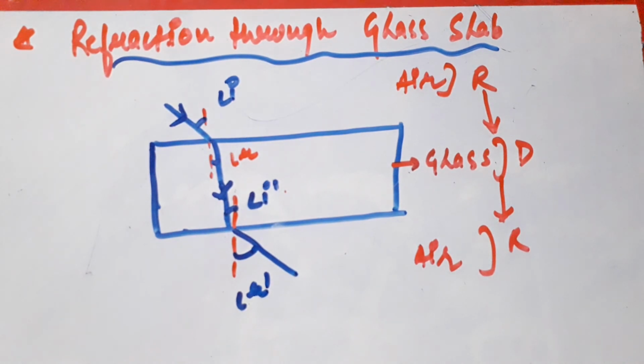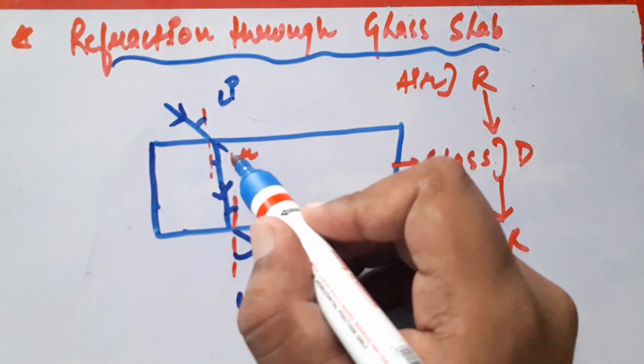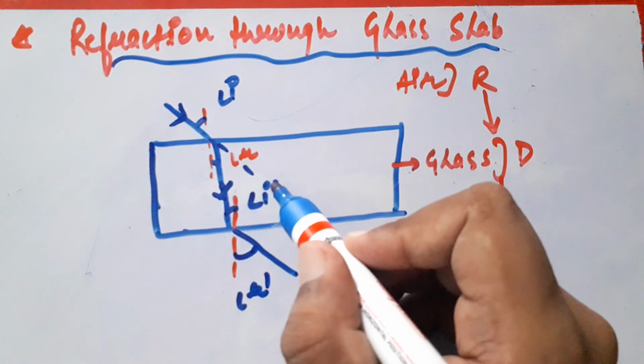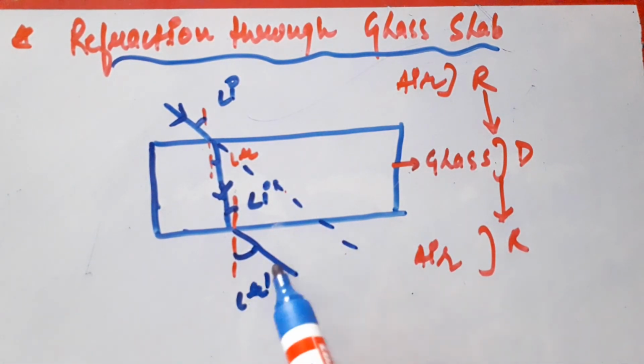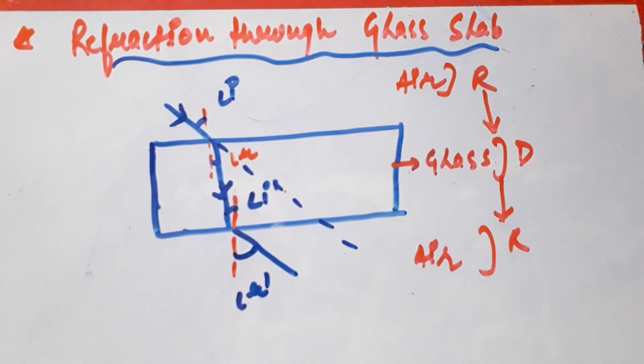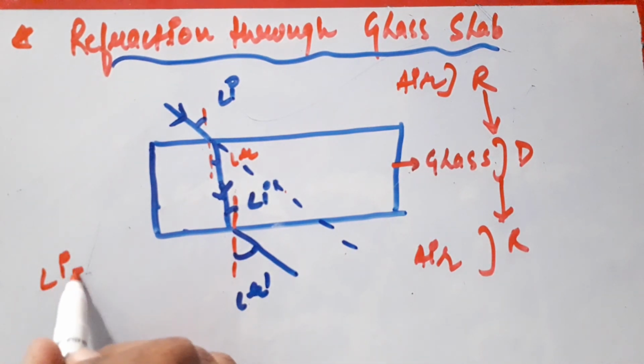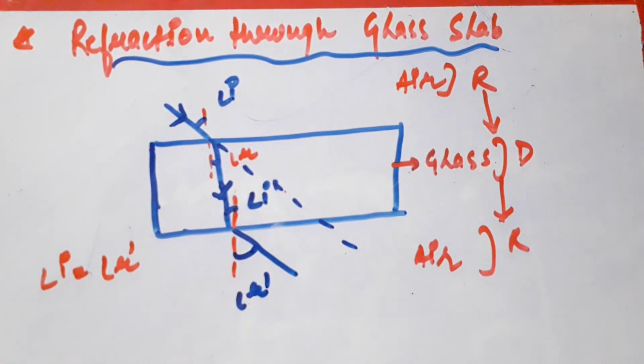Now we'll see one thing: if we extend this incident ray, then we see that both the rays are parallel. And we know that on parallel rays the angles are equal. So we can say that angle i is equal to angle r dash.